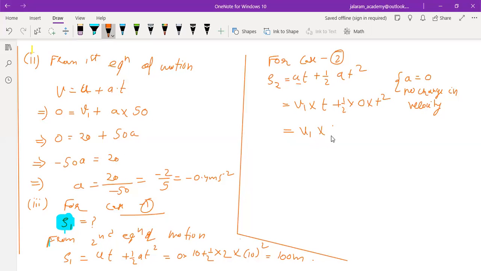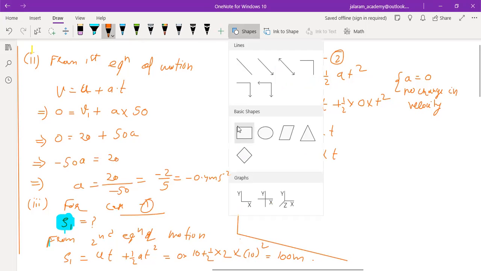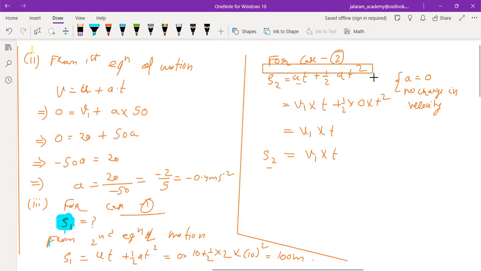Means it is only equal to v1 into t. So always remember, whenever there is constant velocity, we use displacement equals velocity into time only. There is no need to show it by this method. This I have discussed for you all.